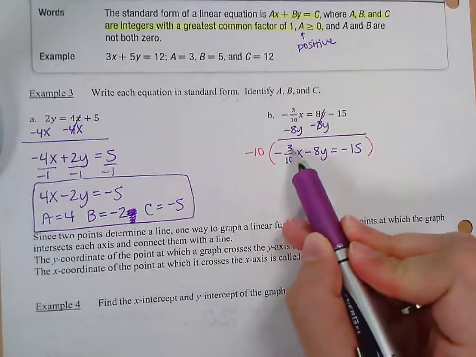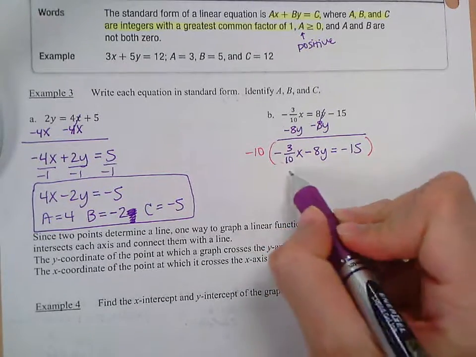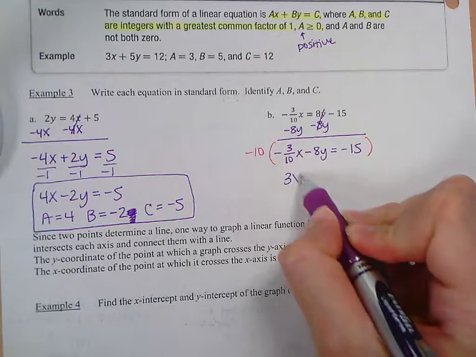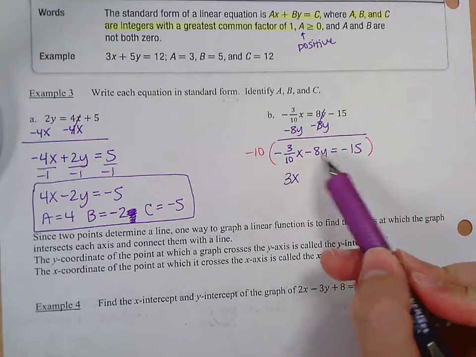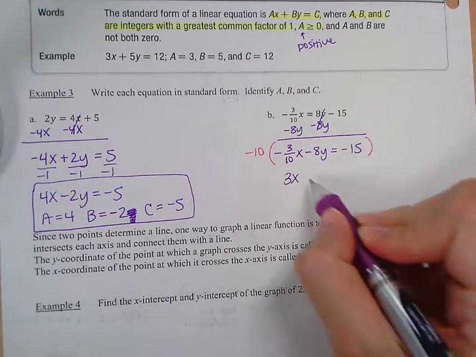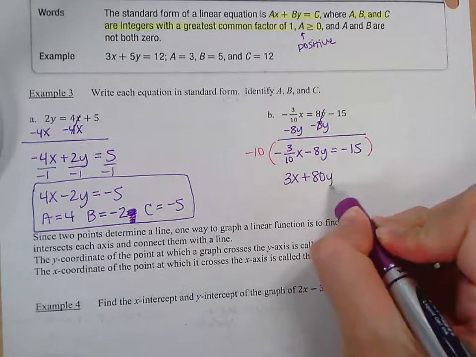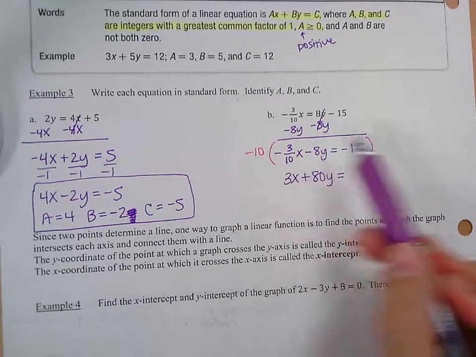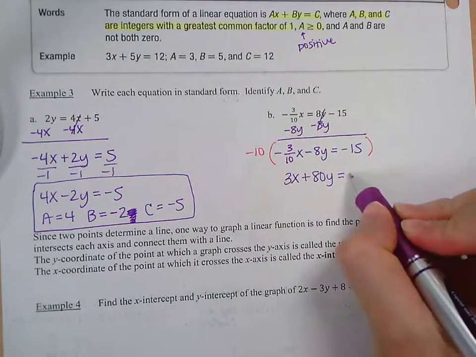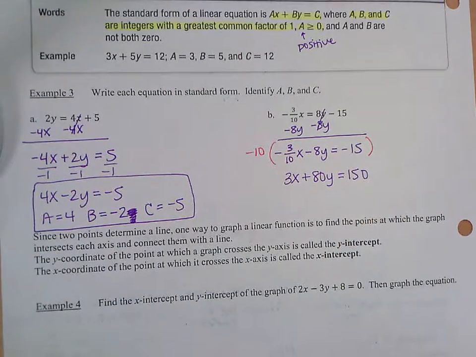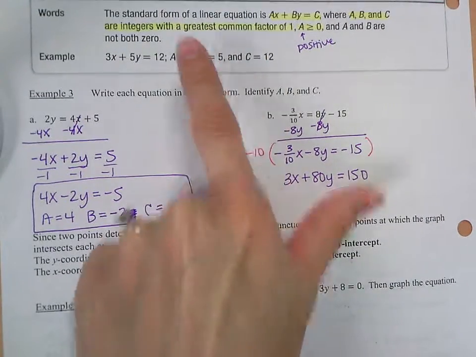So for my x term, it'll now be positive. The 10's cancel, and I have just 3x. For my y term, negative 10 and negative 8 is a positive 80y. And then negative 10 times a negative 15 is a positive 150. The only thing you'd want to check here, because I now have integers and I know that a is positive, is the greatest common factor.